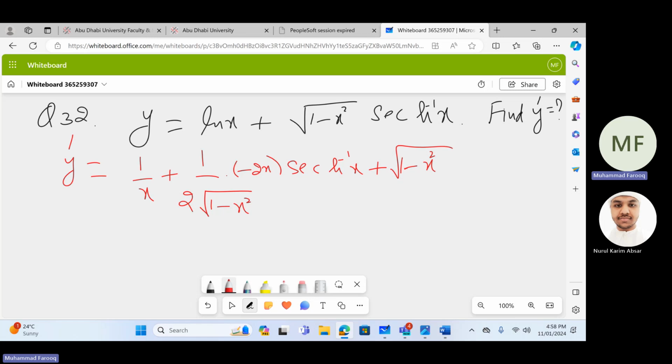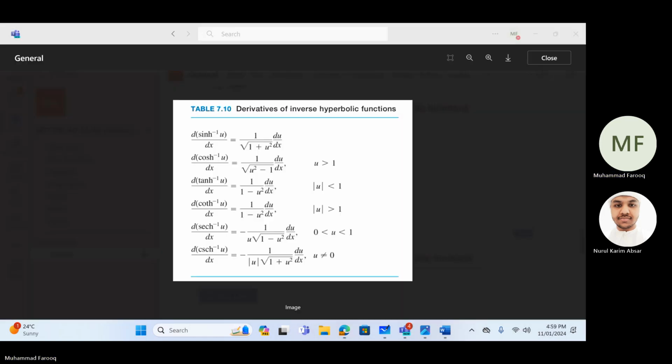Open the formula sheet, please, and help me: what is the derivative of secant inverse hyperbolic? This is the rule: negative 1 over u times the square root of 1 minus u squared, times u derivative, which is 1.